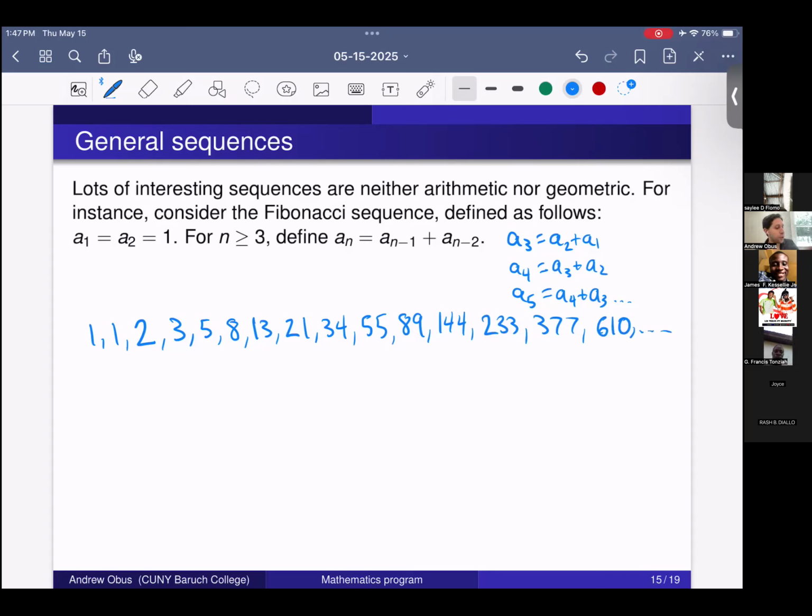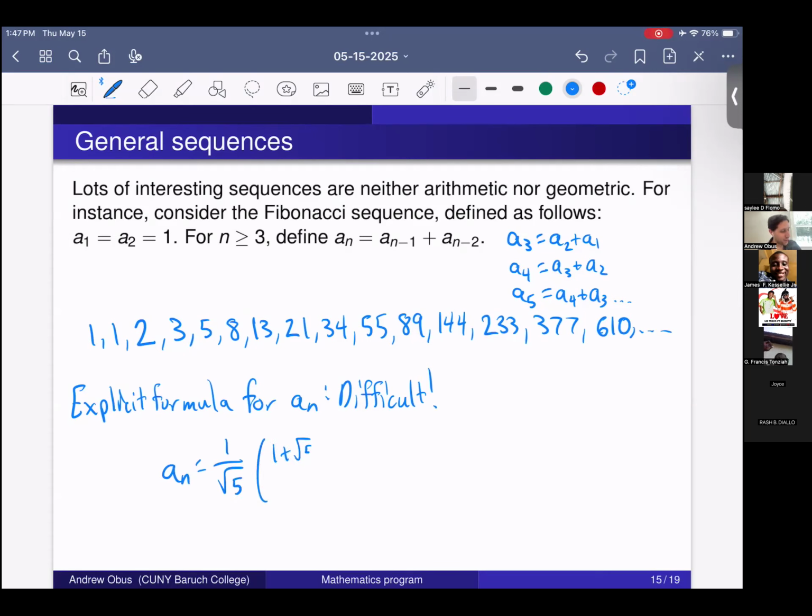All right. So it turns out the explicit formula for this is much harder. For a_n it's actually quite difficult to come up with. The actual answer is that, and this is going to be kind of crazy, for the nth element, a_n is equal to 1 over the square root of 5 times (1 plus square root of 5 over 2) raised to the n minus 1 minus (square root of 5 over 2) raised to the n.